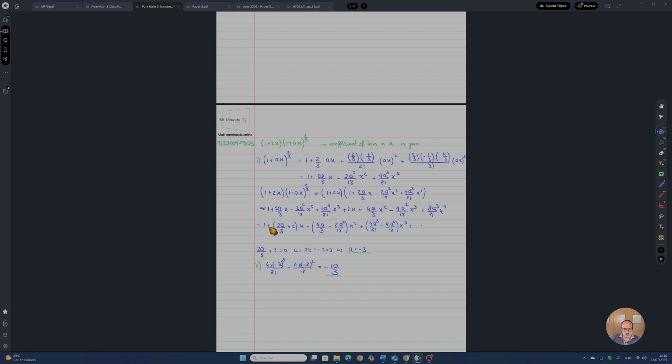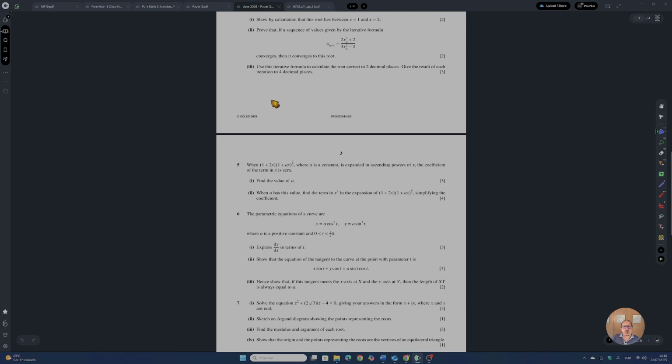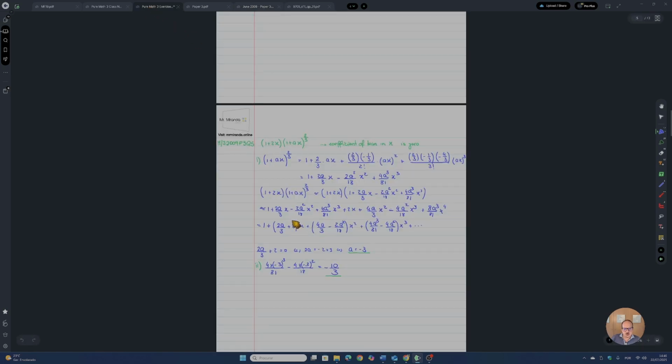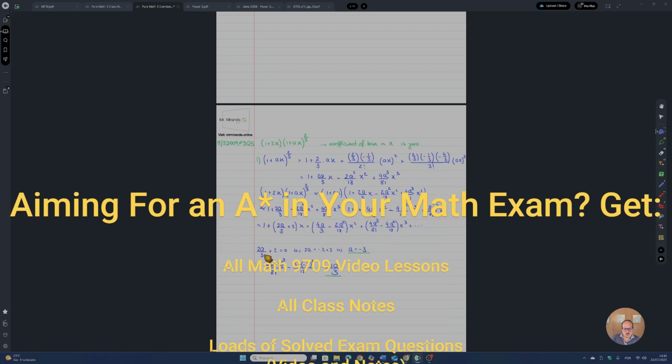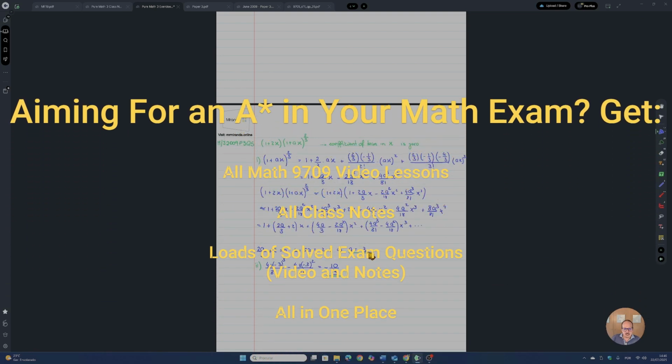So this is the term 1, this is the term with x, this is the coefficient of x squared, and this is the coefficient of x cubed. I know that the coefficient of x must be equal to 0, right? That's what the question says. Yes, the coefficient of the term in x is 0. So I know that this over here, the term with x, must be 0. So this means that a is minus 3.